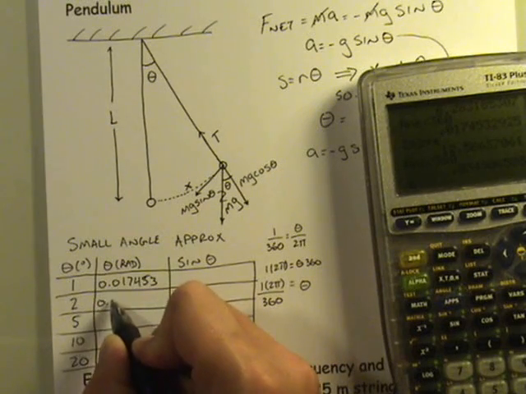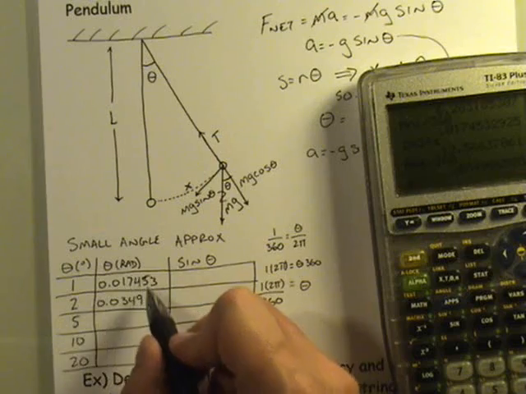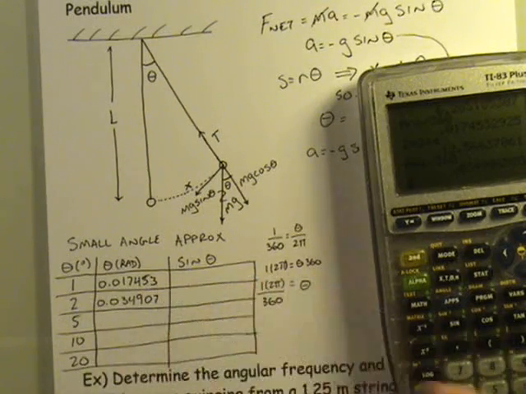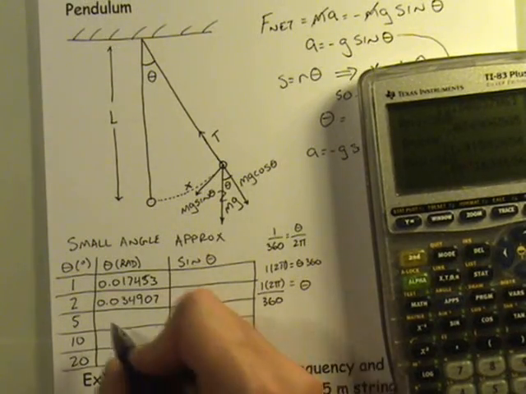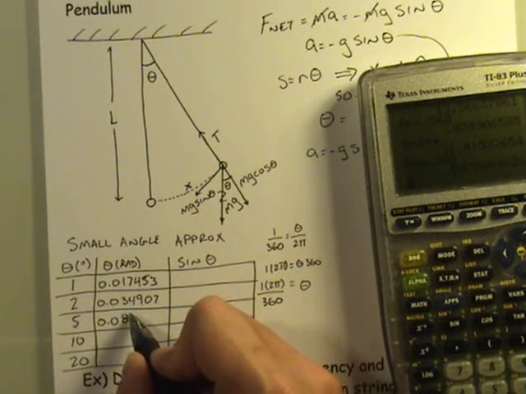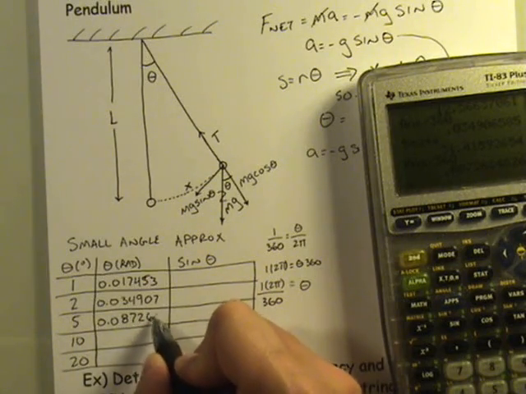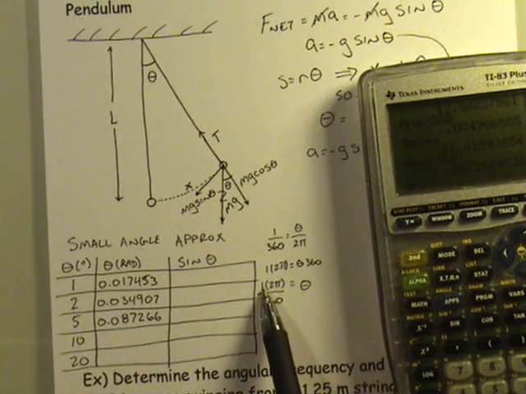That's 0.034907. Then we have 5 times 2 pi. That's 0.087266.